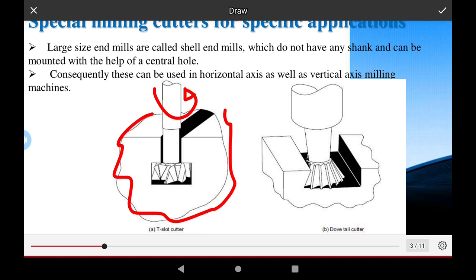The workpiece is held using some devices, and consequently these tools can be used in horizontal axis as well as vertical milling. This is the cut performed by the tool on the workpiece.